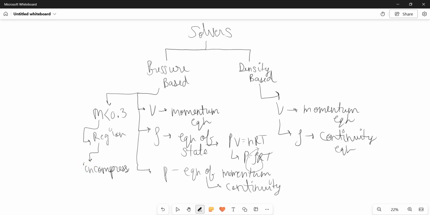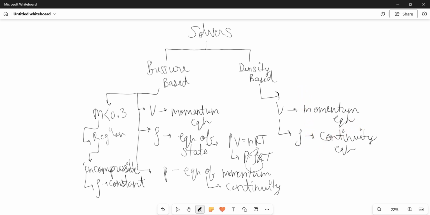If your flow is incompressible, it means that your density is almost constant, your rho is almost constant. So you can take it from the equation of state, because here only P is changing, and R, T and rho are constant.